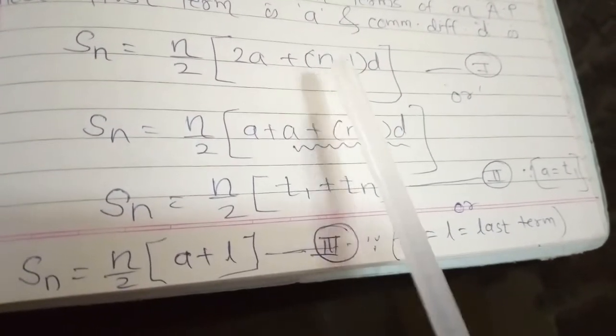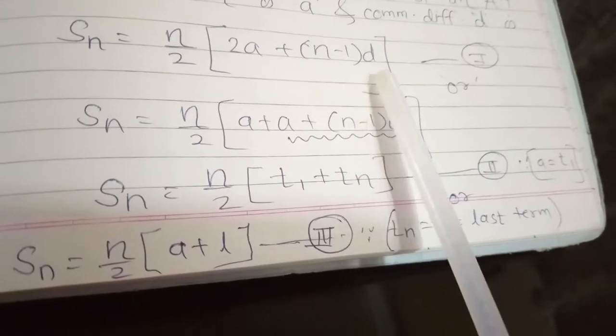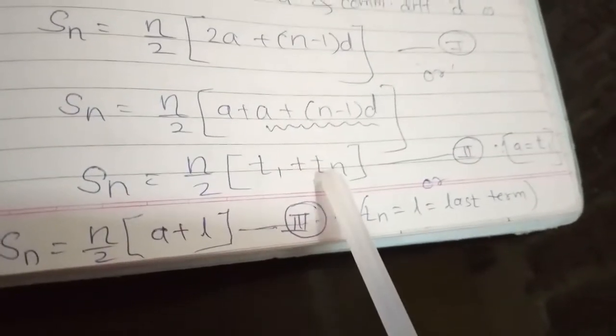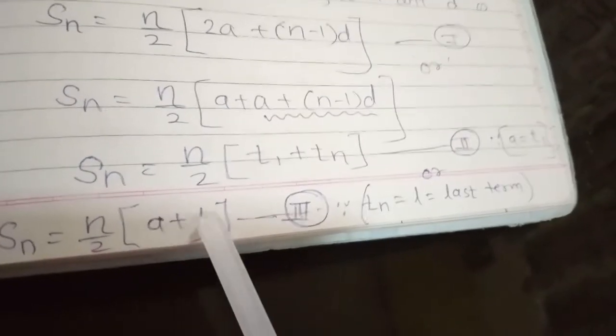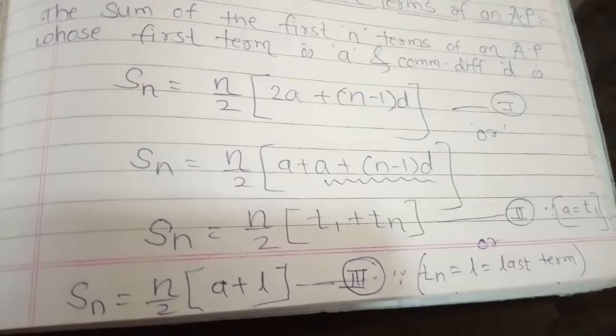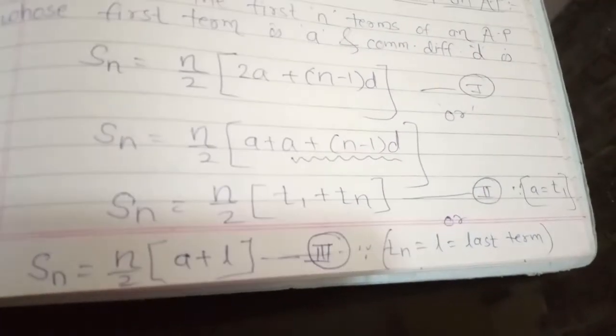Remember that these three formulas are the same: n/2 [2a + (n - 1)d], n/2 (T1 + Tn), and n/2 (a + l). All these three formulas are the same, but according to the requirement of the example, we have to choose among these formulas.